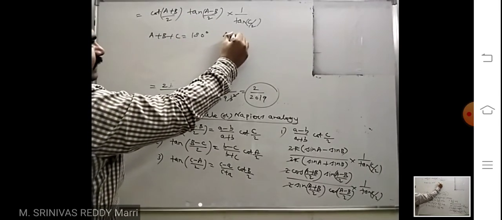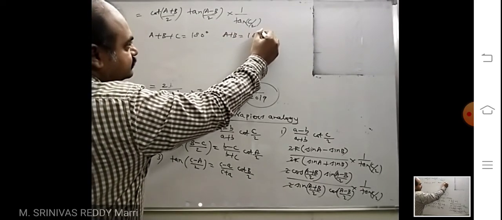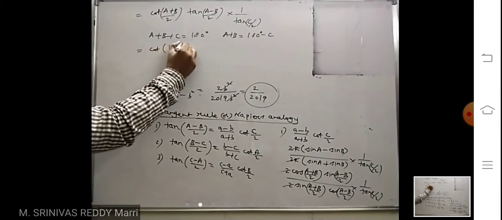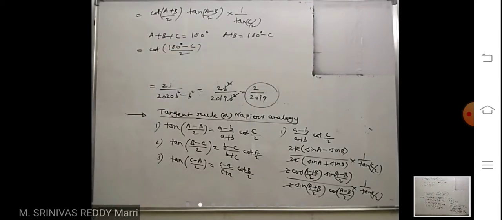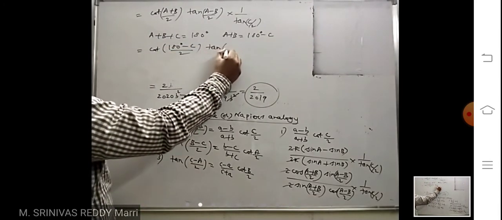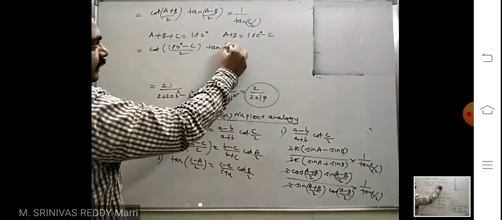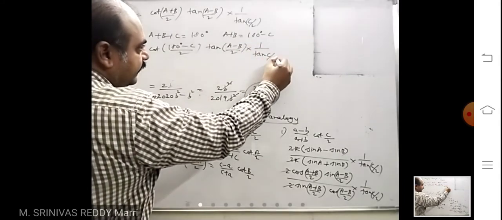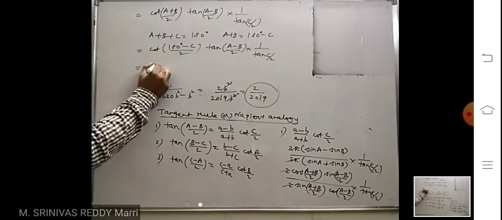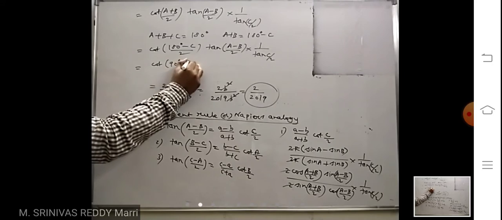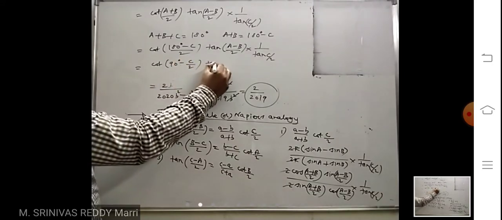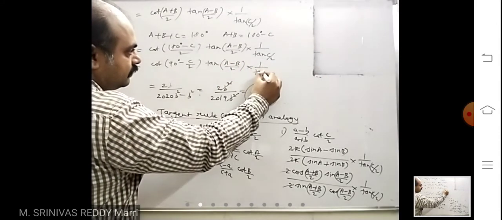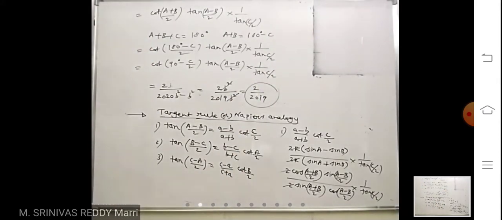So A plus B you can write as 180 degree minus C. Whenever A plus B is there, you write 180 minus C. That means cot of (180 degree minus C) by 2 into tan of (A minus B) by 2 into 1 by tan C by 2. This is 90 degree minus C by 2.